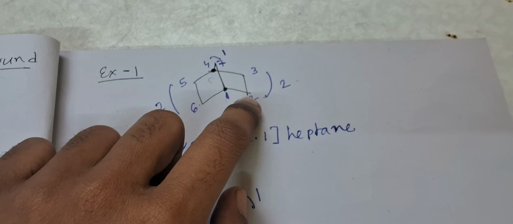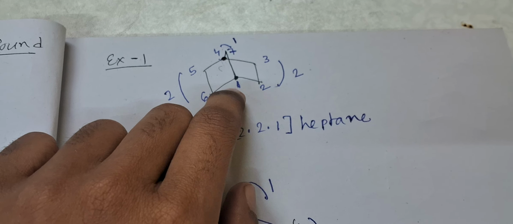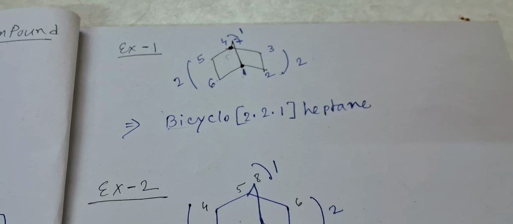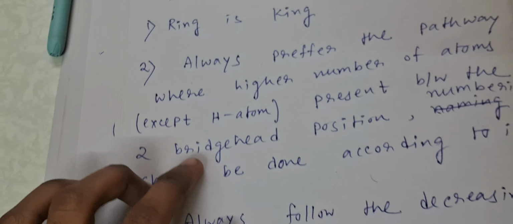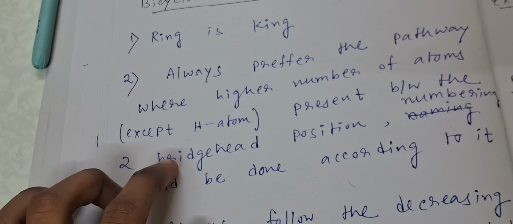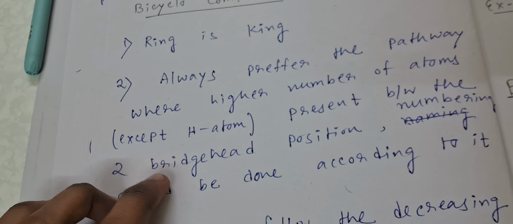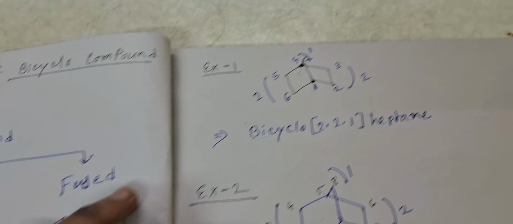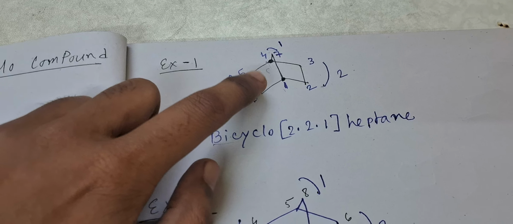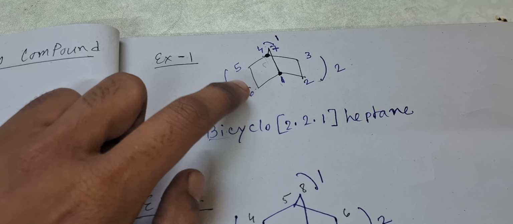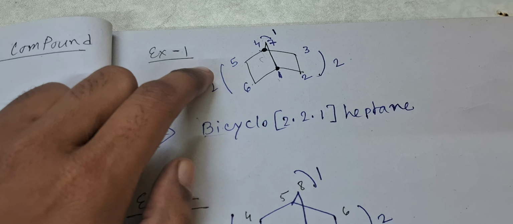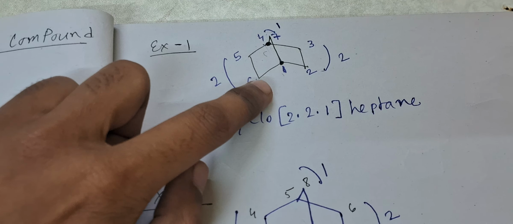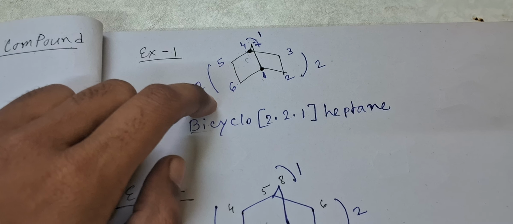You need to do the numbering either from right side or left side, because according to the second rule, the higher number of carbon atoms should be present between the two bridged centers. Here the higher number of carbon atoms, 2 is greater than 1, hence you can choose either right side or left side in order to start numbering for this compound, right?